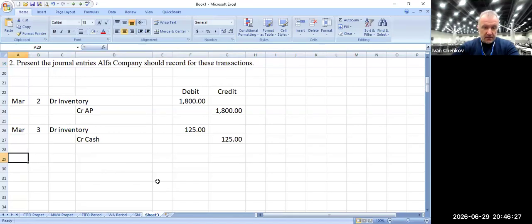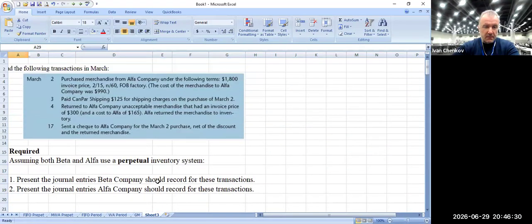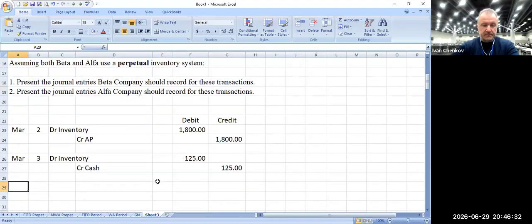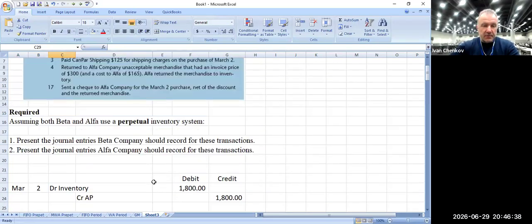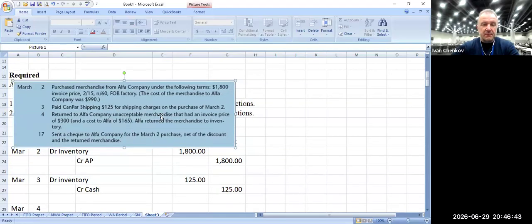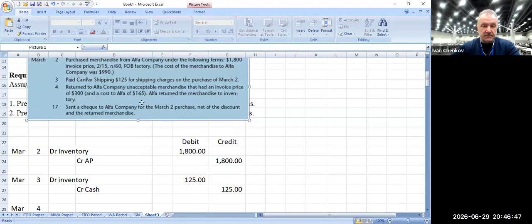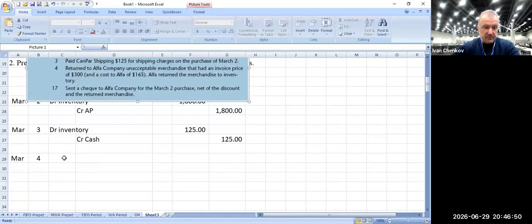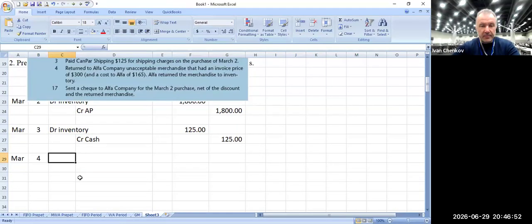So let's go again here on March 4th. Now, what happened on March 4? We returned some unacceptable merchandise for which we have to pay $300. Since we're returning it, we don't have to pay anymore. So that will be debit accounts payable. We're going to reduce our accounts payable by the 300.